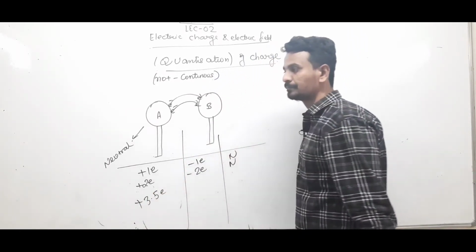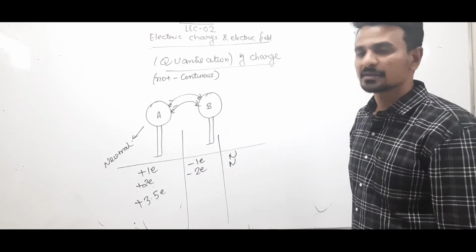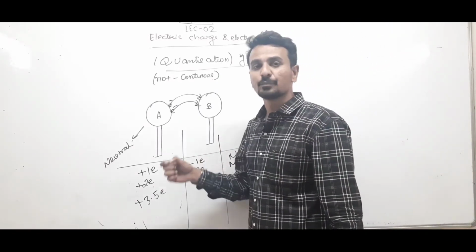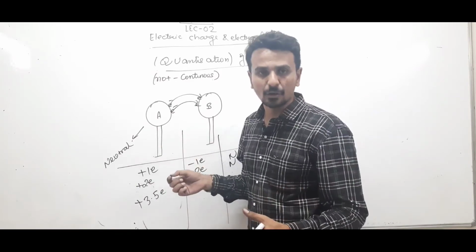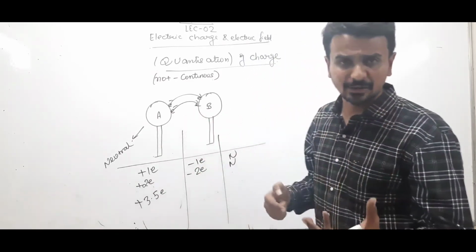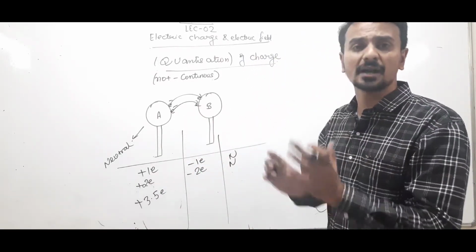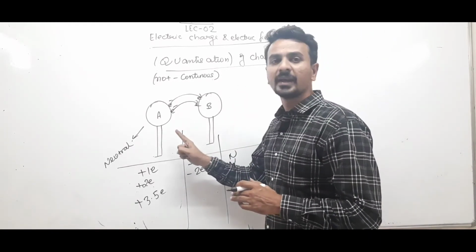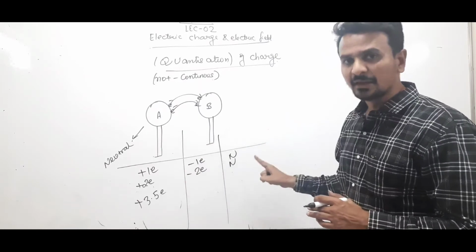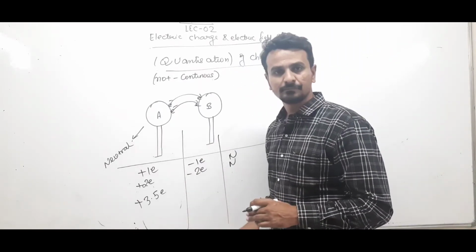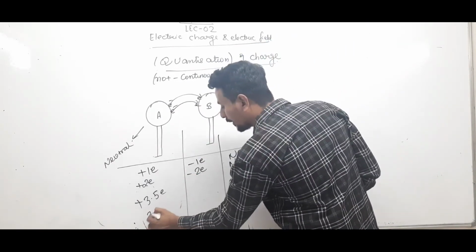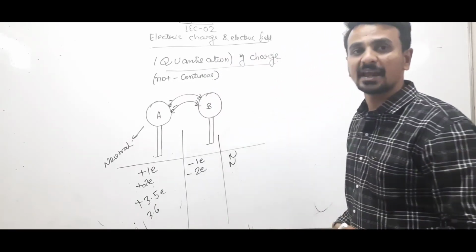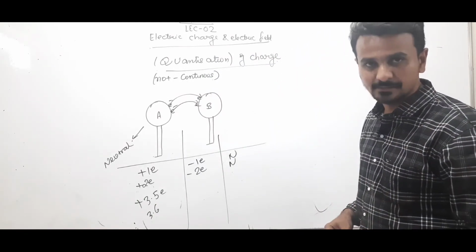No, we cannot say this, because it is not possible that body A will lose 3.5 electrons, or 3/4 of an electron, 1/4 of an electron. These values are not possible. So charge on body A or body B will never have these values. 3.5, 3.6, these are the values which A or B can never possess, right?